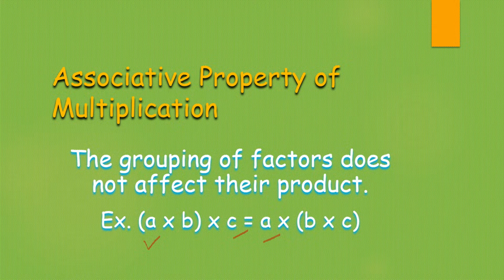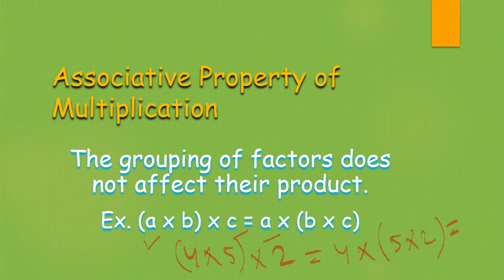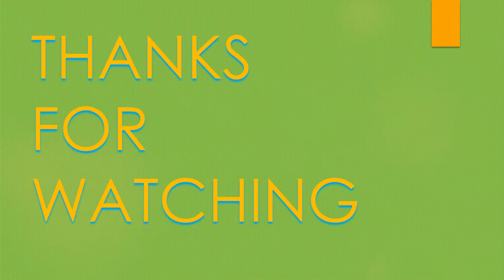Let's see the example. 4 into 5, keep in bracket, into 2. When we write 4 into bracket 5 into 2, in both cases we get 40. That is the associative property of multiplication.